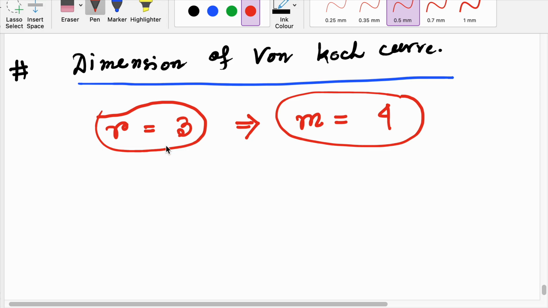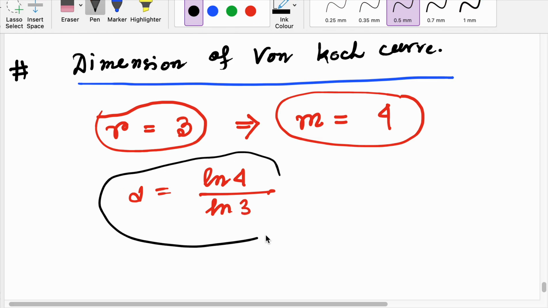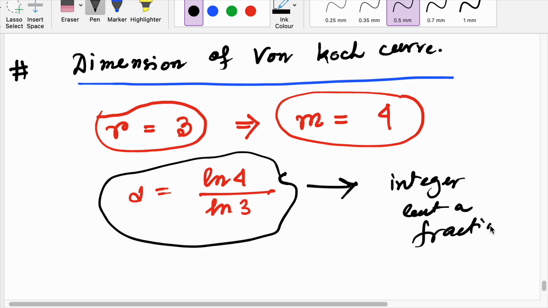So the dimension D will be ln 4 by ln 3. You see the dimension is not an integer but a fraction. That's why it's fractal.